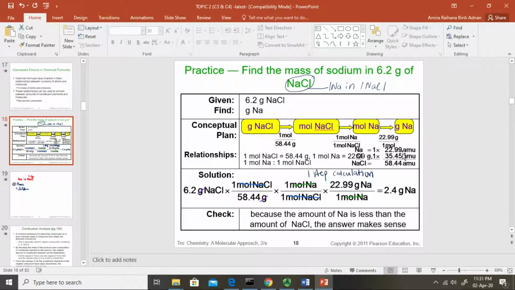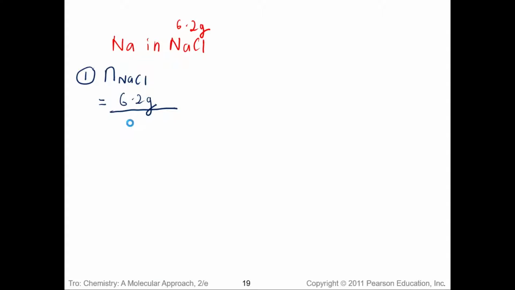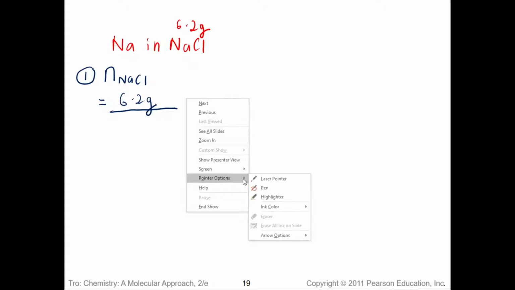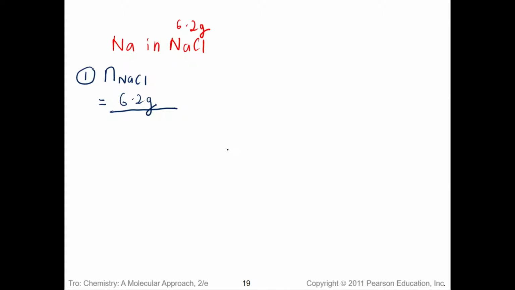Sodium in the periodic table is 22.99, and chlorine is 35.45. So this one is 58.44 gram per mole.